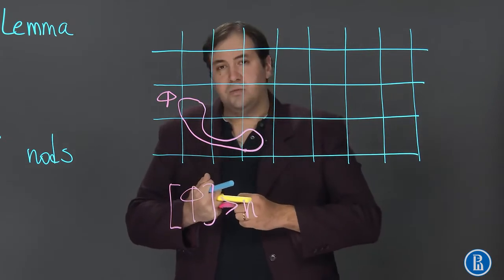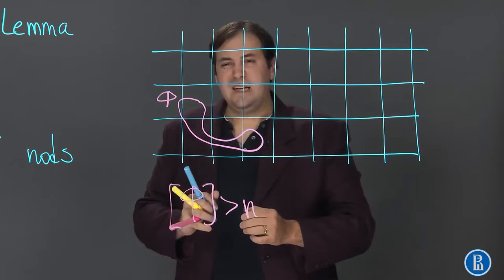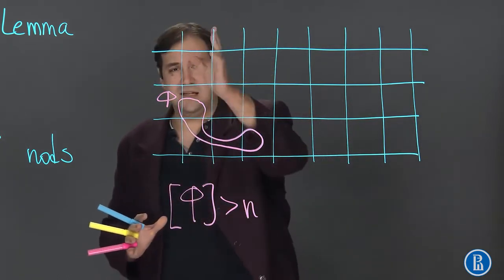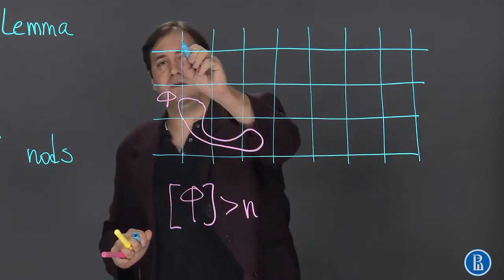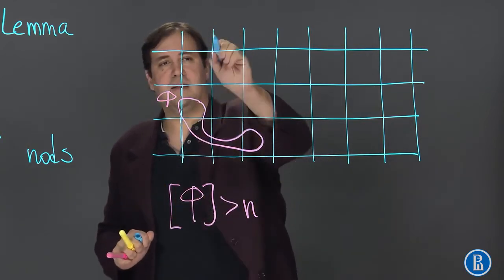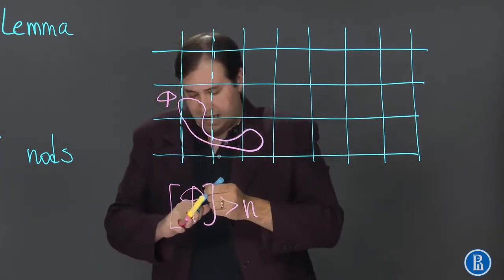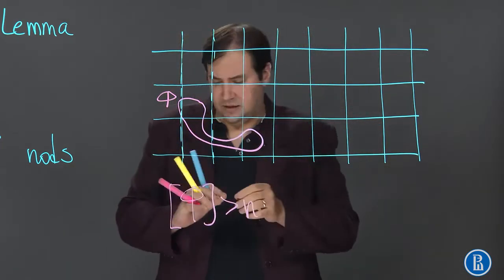To prove that there exists such a shift, we need to cut this figure along lines of the grid. So we cut the figure along this line and also this and this and this, and it falls apart into small pieces.